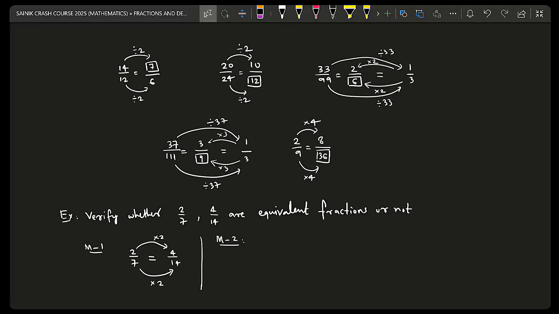Shivatmika, you know any other method to solve this? Sir, I'm trying. You are trying. Mayuk, you know any other method?